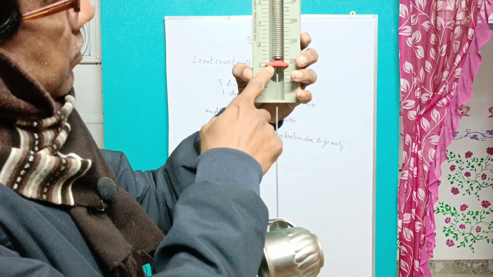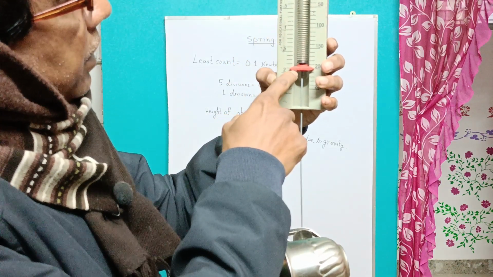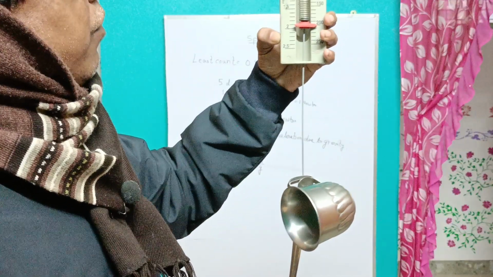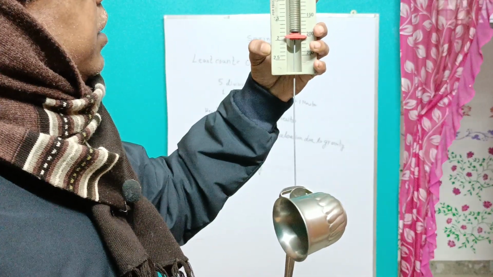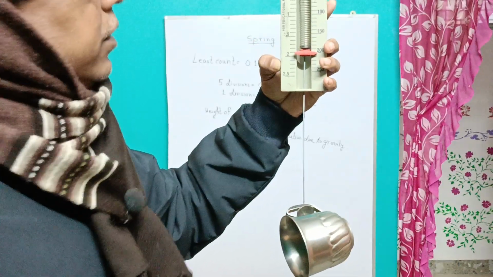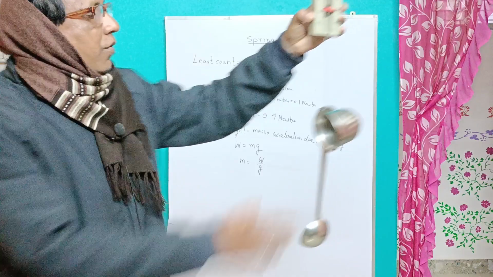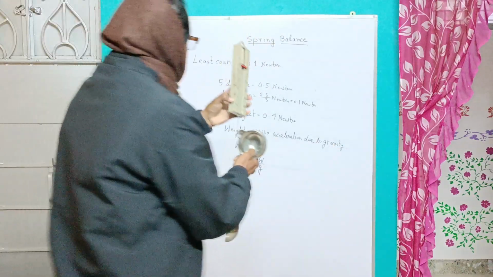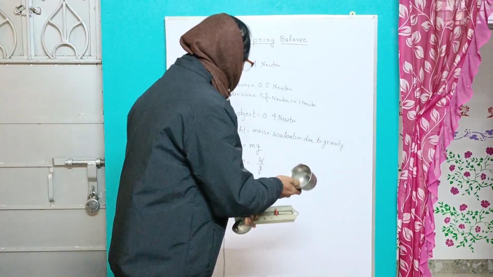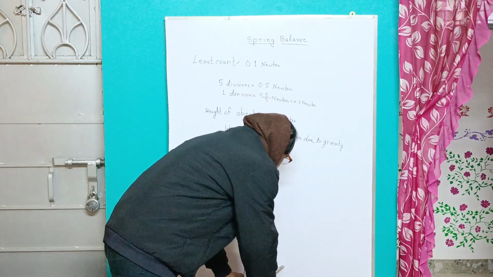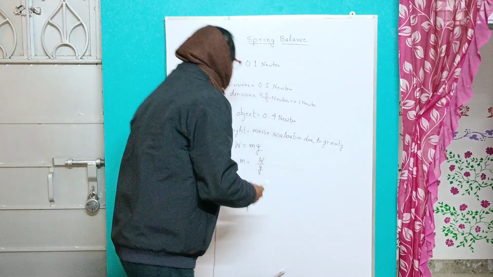You see, it is 1.9 Newton. That means the weight of this object is 1.9 Newton, right? Therefore, the weight of both the objects is 1.9 Newton.